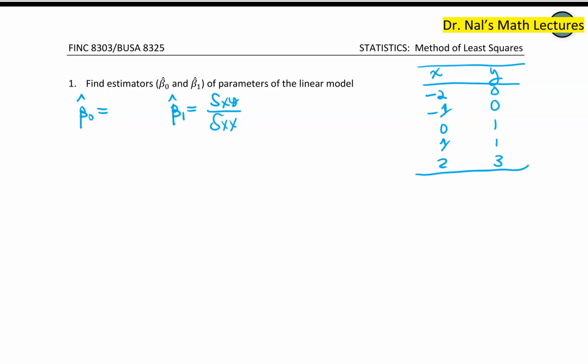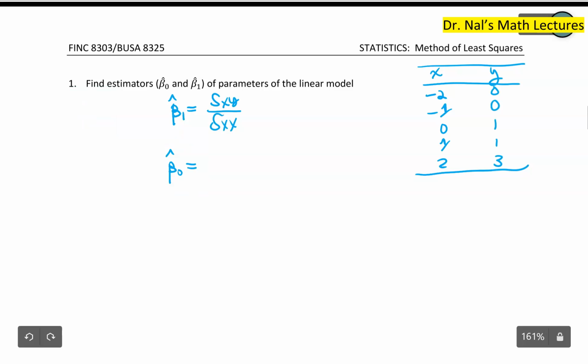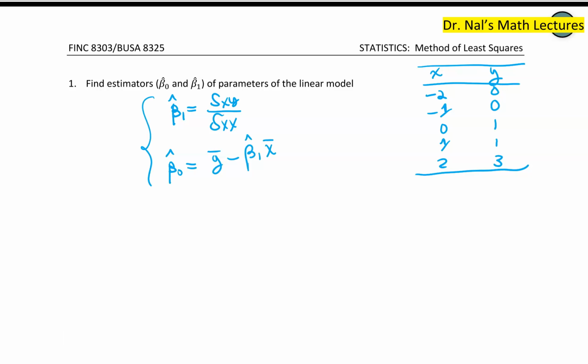So once you have beta 1, it is just y bar minus beta 1 hat x bar. All right, so the natural starting point is to first calculate SXY and SXX. And once we have those values, we should be able to calculate the desired values as well.